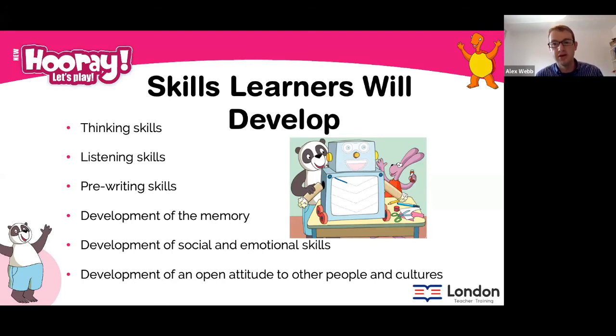This course also aims to do this. There are lots of examples of activities that encourage talking about friendship, honesty, and introducing things from other parts of the world, other cultures. I think that's a really important element of this course.